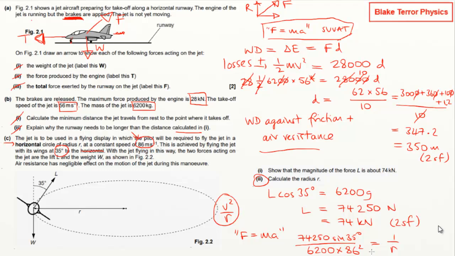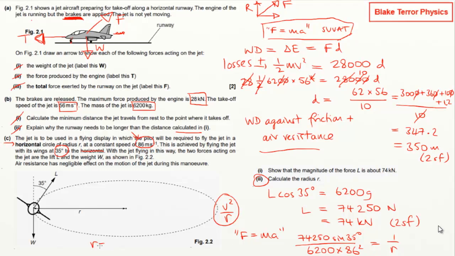So multiply that by sine 35, divide by 6200, divide by 86 squared, and then do 1 over the answer, 1.1 kilometers.